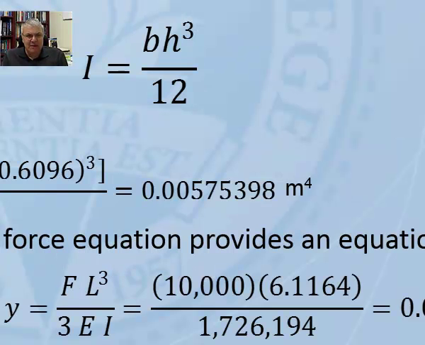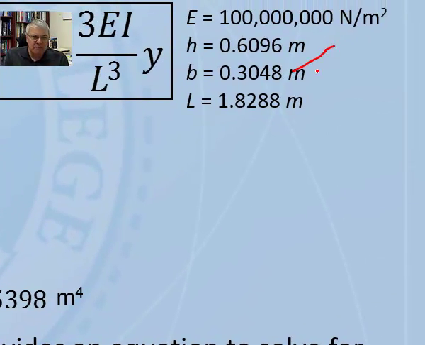So it's a matter of basically plugging the numbers into the equation for the force that we discussed previously. F is 3 E times I divided by L cubed times Y or delta. F is given in this case, and E is given, H is given, B is given, L is given.